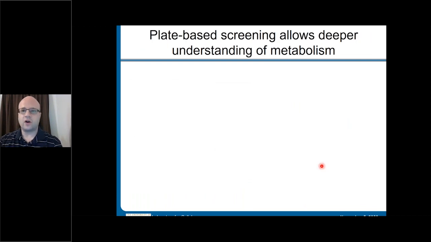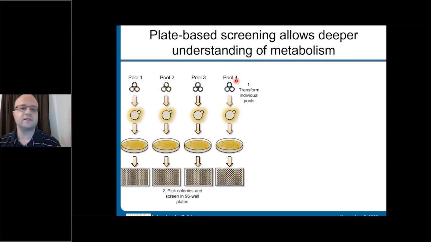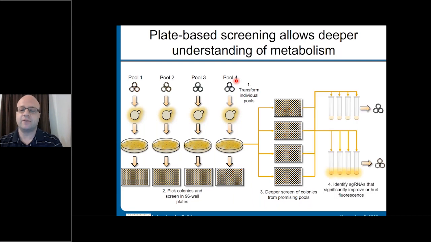So we used a plate-based screen to go through metabolism in this way, where we transformed our various different pools into our cells, looked at this on 96 well plates, screened for improvements of now secreted beta-xanthin, which was our key here for this work, and then used Sanger sequencing to look at our top pools and identify the guide RNAs that were most indicative and influential for this overall phenotype.